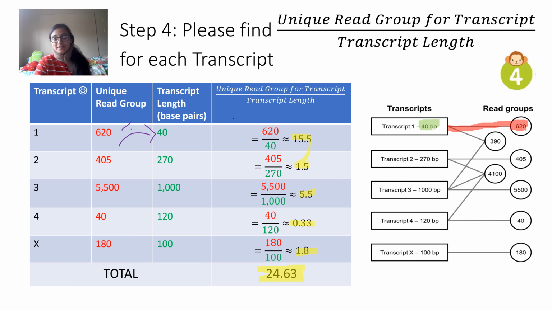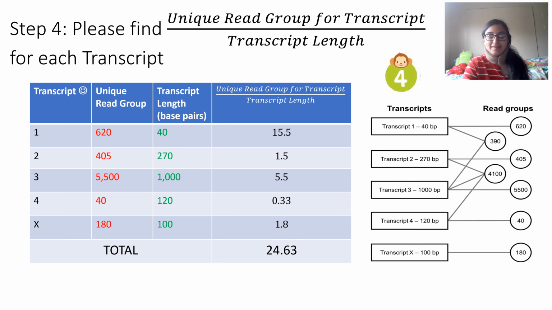Once you add all of these up together, the sum is going to be 24.63. And that's what I just showed here, just the same thing, simplified. Now you have the unique read group, the transcript length, and this set of values of unique read group for the transcript divided by the transcript length.